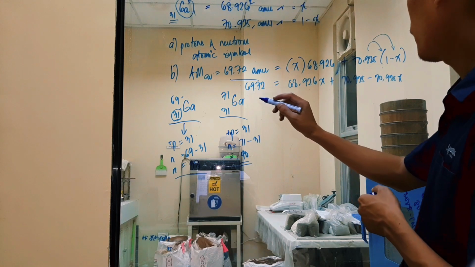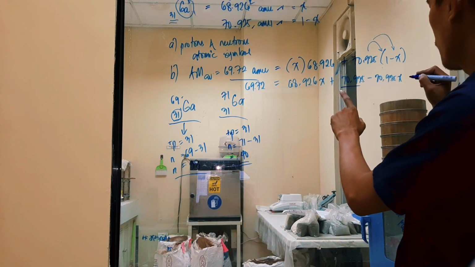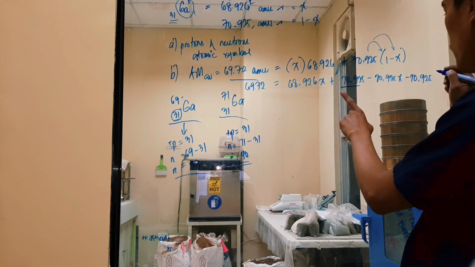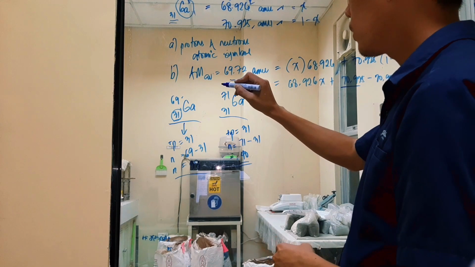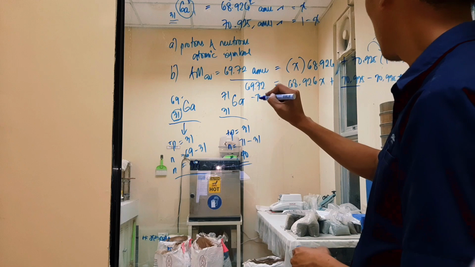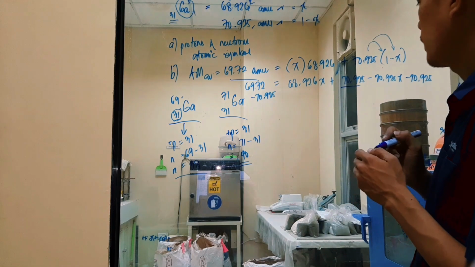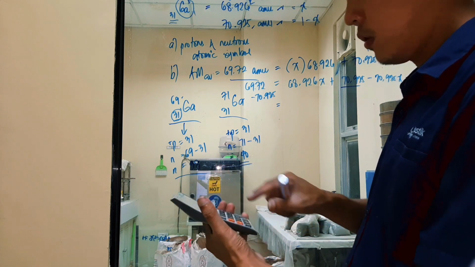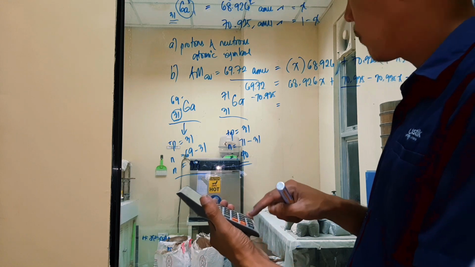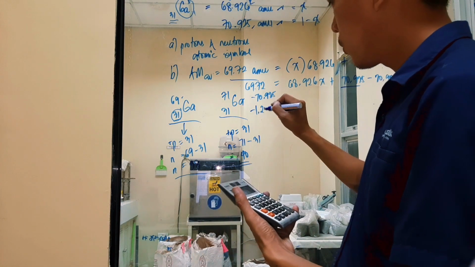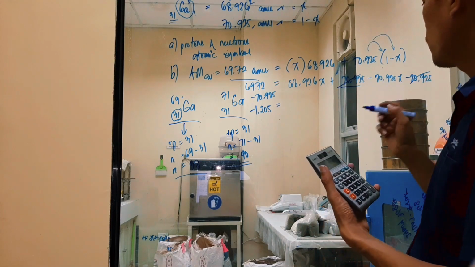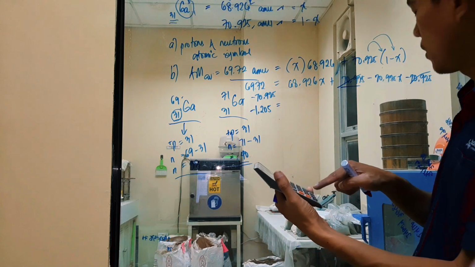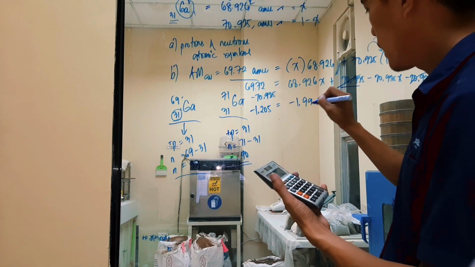We eliminate this number by subtracting 70.925 from both sides: 69.72 minus 70.925 gives negative 1.205. On the right side, we eliminate the constant and get the difference of the coefficients, 68.926 minus 70.925, which is negative 0.999x.